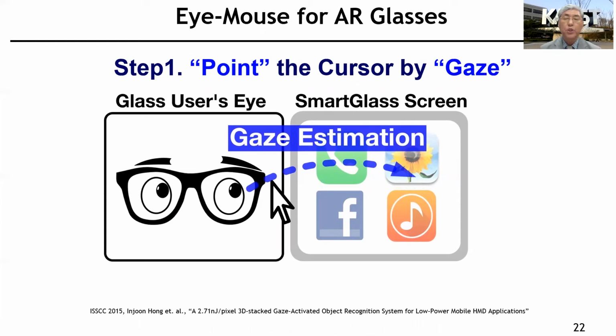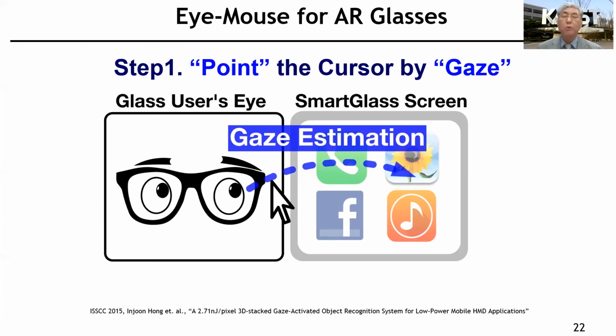So you have to shout, "Okay, glass, take a picture." So voice interface is the only way you can put the input to the glasses, or you have to touch your glasses. So people around you know what you are doing.